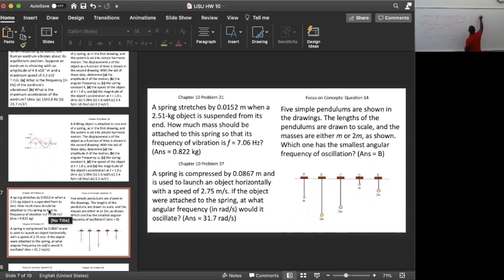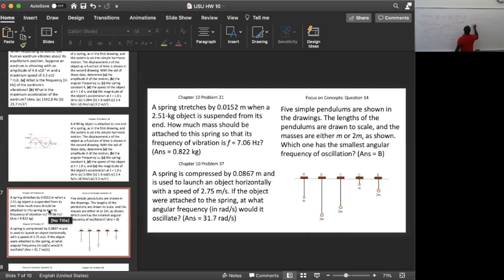So F equals Kx. The force is the weight, so 2.51 times 9.8 equals K times 0.0152, because it's suspended, hanging from its end.